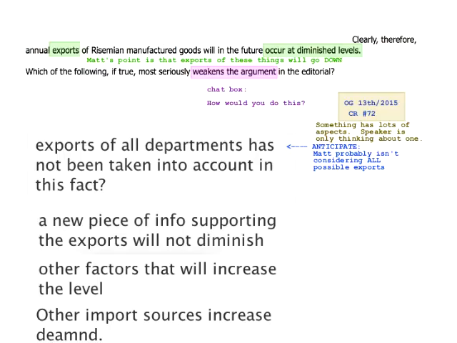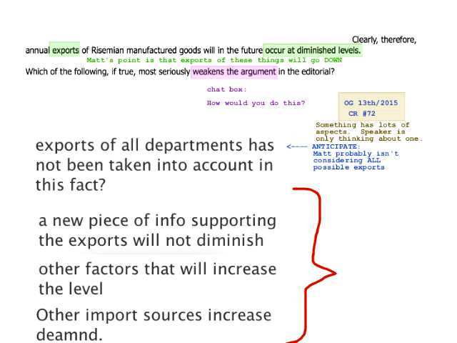Same sort of thing with this. Whatever exports Matt is thinking about probably will go down. But then you need to be thinking about other exports. So this is what you should anticipate. There's going to be some other sorts of exports.